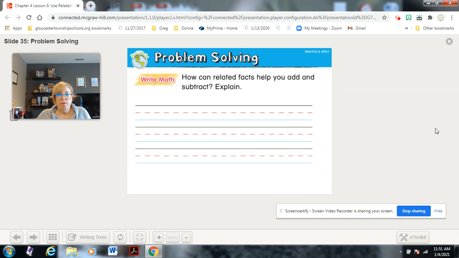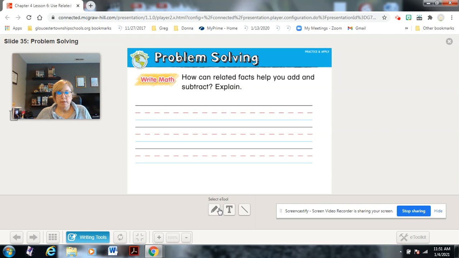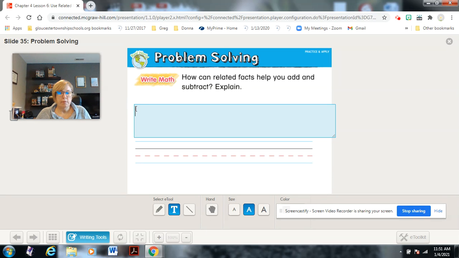All right, how can related facts help you add and subtract? Well, let's think about it. What is one thing that related addition and subtraction number sentences have in common? Why are they related? Let's think about that. What did we notice in every addition and subtraction fact? That's right. They use the same numbers, all right?